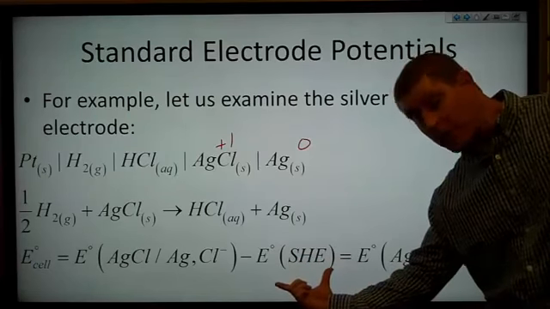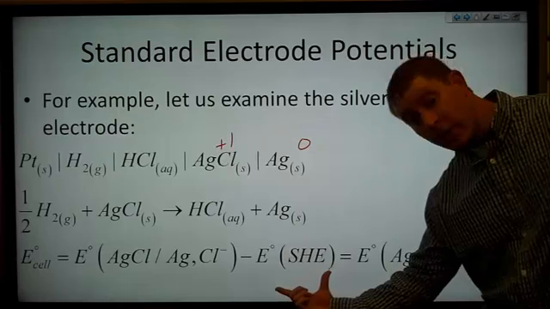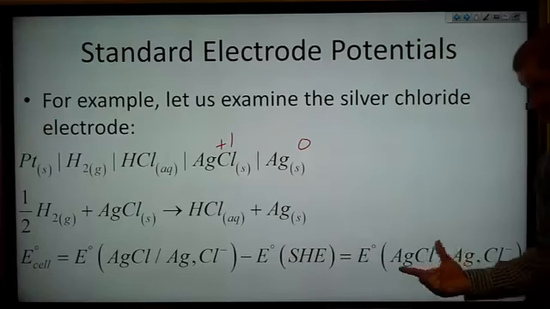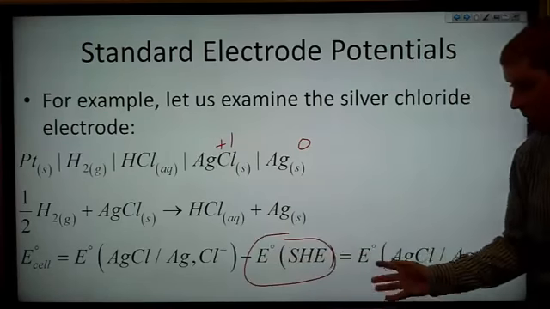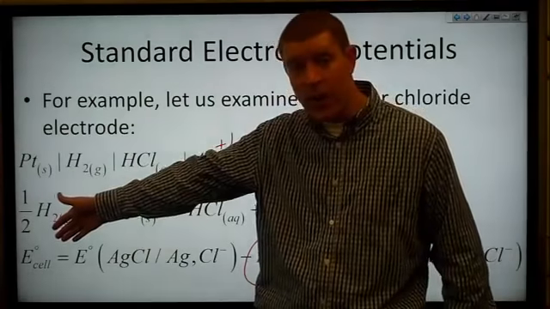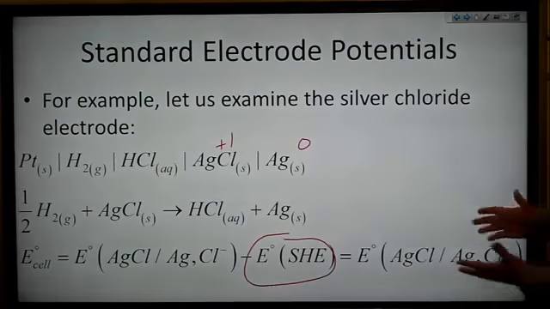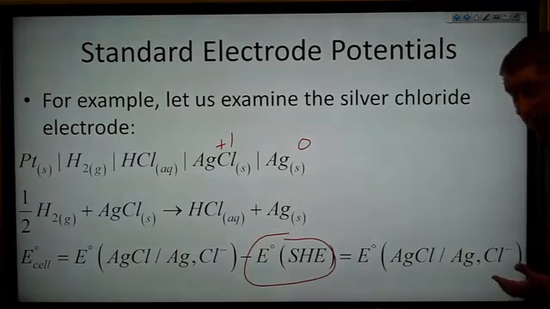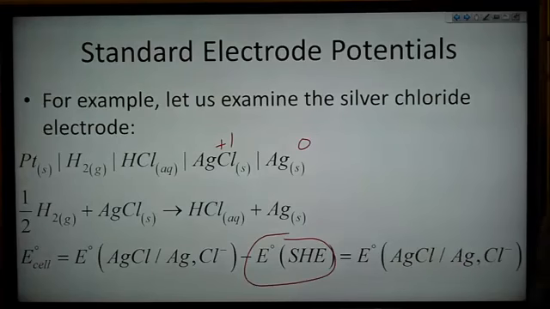This value we know is, not 1, 0. And so if this term is 0, it goes away, and that means that whatever value we actually measure, we're saying it's all from the other half cell, our reduction cell.